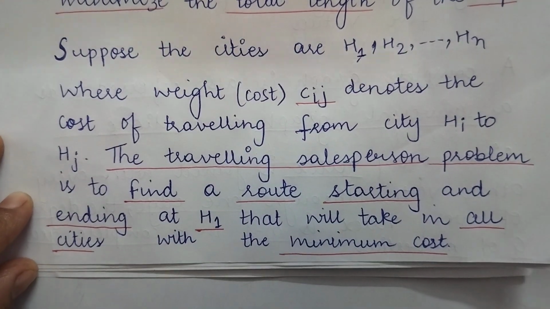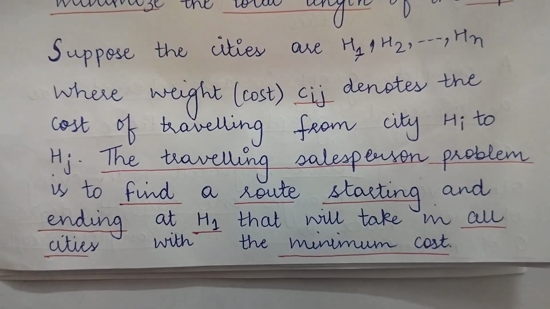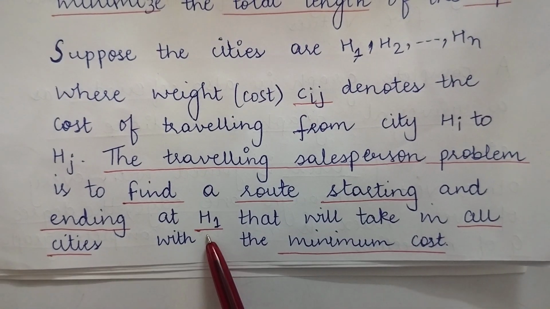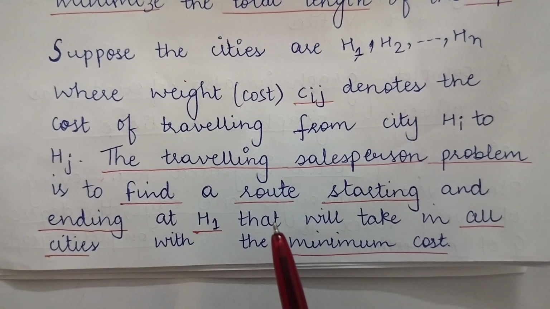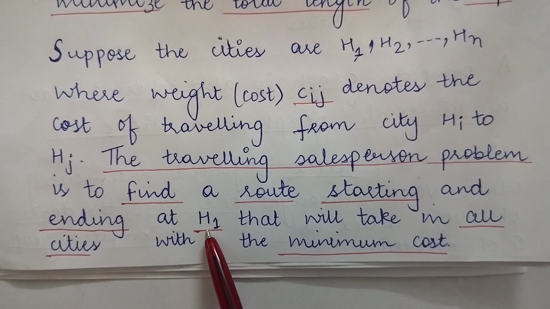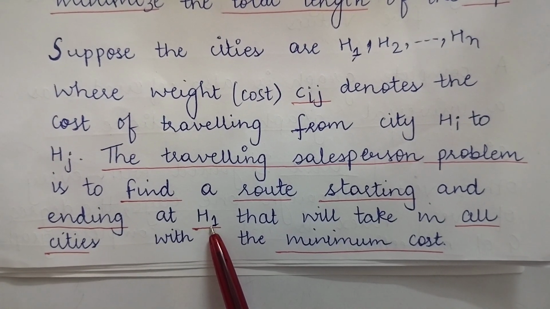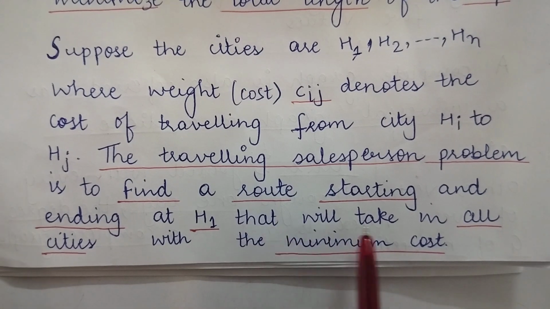Just like you go for vacations or you go for some official work, but finally you come back to your home. So you start from H1, in between you cover various cities, then you finally reach your destination, and then from that destination you finally return back to your home city, which is H1 here. So it will take in all cities with the minimum cost.